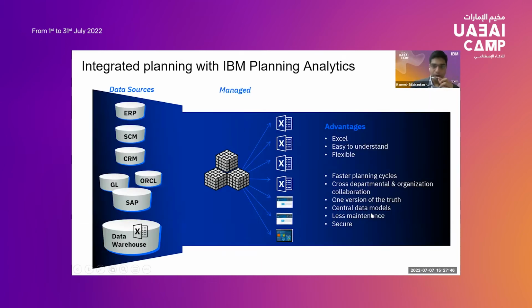These are some of the advantages that you get. While Excel might be easy and flexible, the benefits of moving to a platform are faster planning cycles. It enables collaboration across different departments. You get one version of truth. There are no spreadsheets anymore. It's going to be one version of truth, centralized data models.